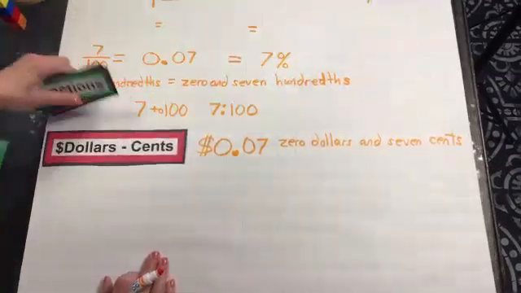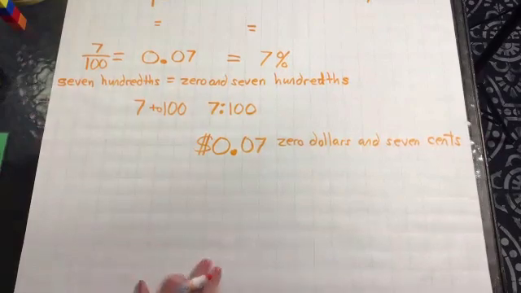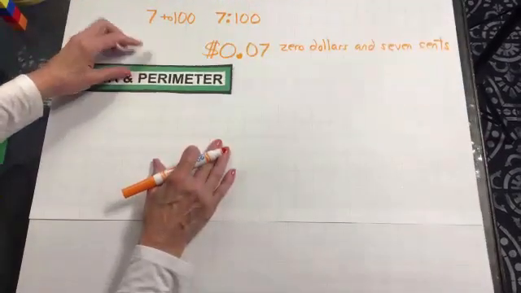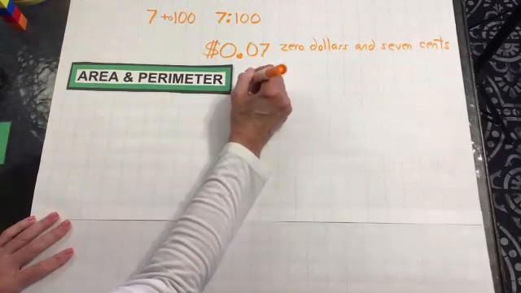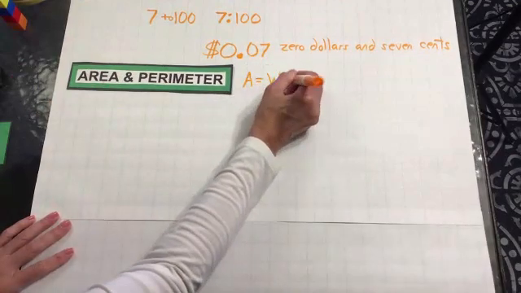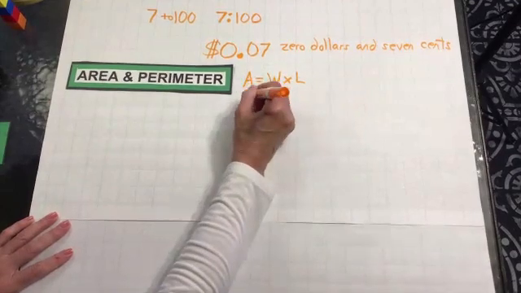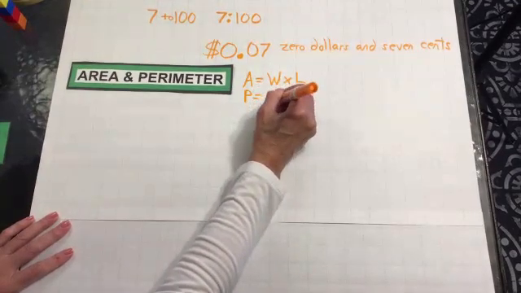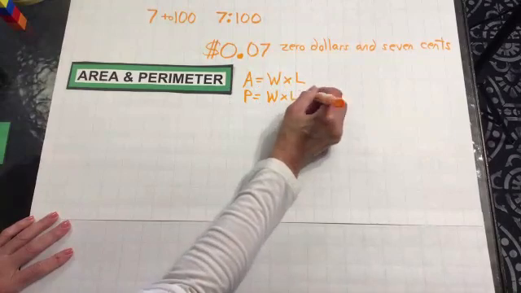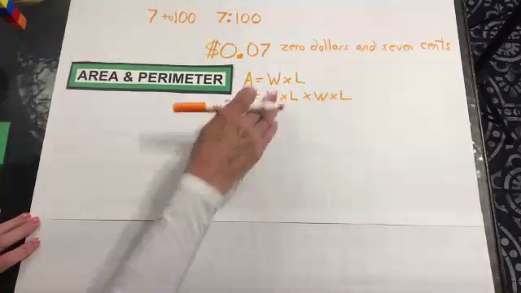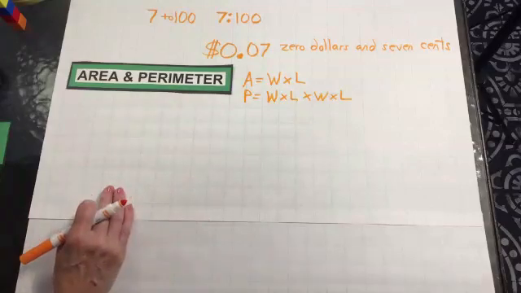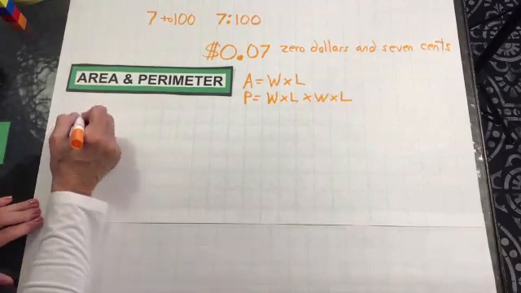So let's move on to our next category, which is area and perimeter. And we want to write out the formula for area is width times length. The formula for perimeter is width times length times width times length. And of course, that kind of changes depending on the shape of our object. And the shape we're using today is just a rectangle.